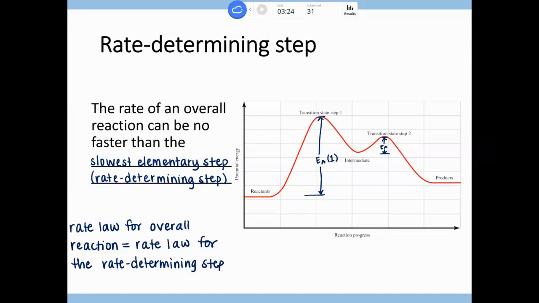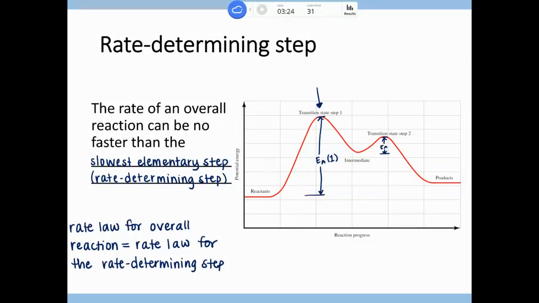So because there's so much more energy required for step 1 relative to where we're starting, this is the slower reaction. The second one is the faster reaction because of that lower activation energy. So higher energy transition state, more activation energy required, that is a slower step.